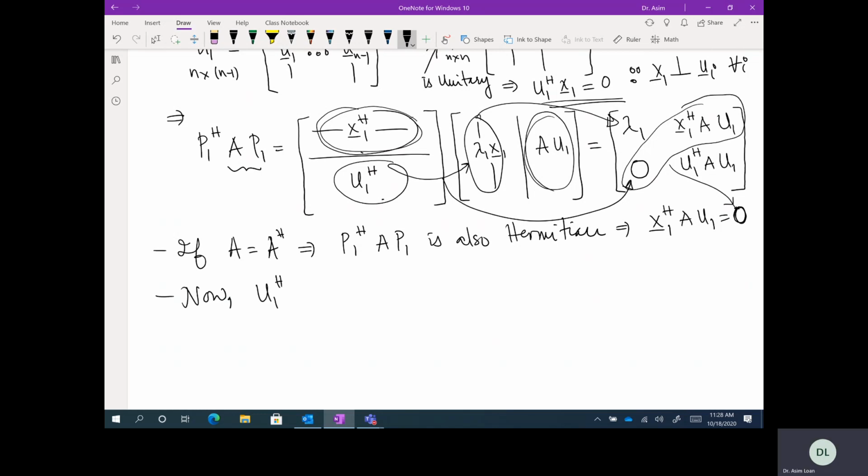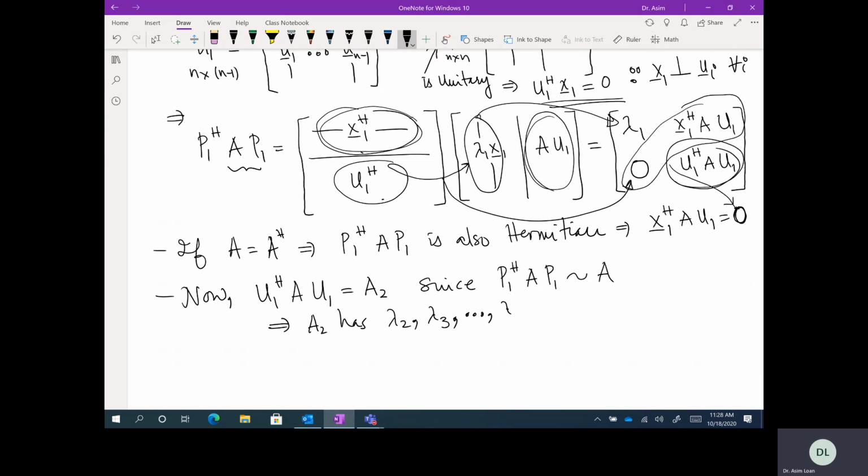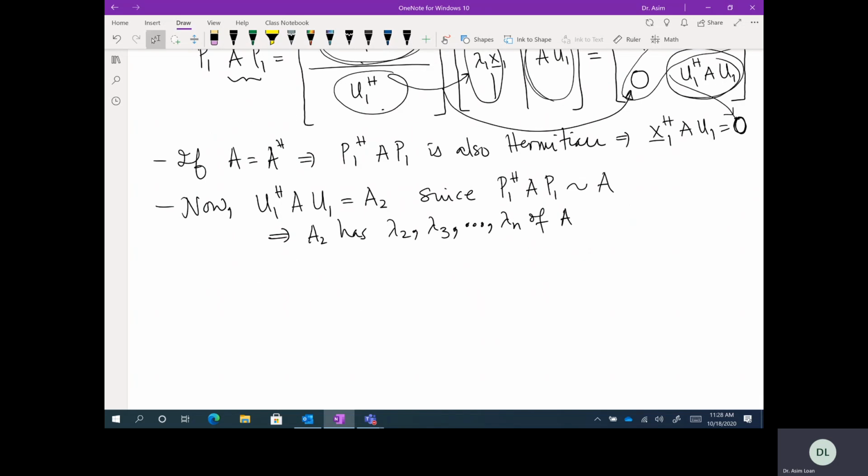U1H into A into U1 is some A2, since P1H into A into P1 is similar to A, right? So this implies A2 has eigenvalues lambda 2, lambda 3, up to lambda n of A, because for similar matrices, the eigenvalues are the same.